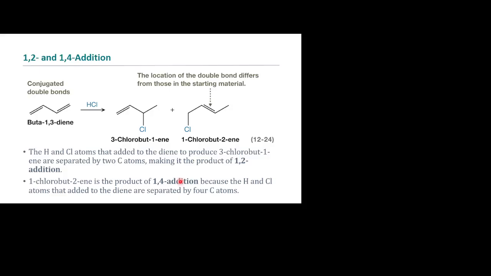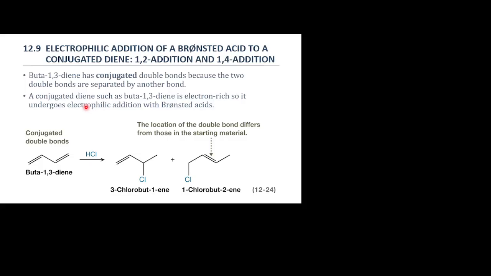Then the 1,4 addition would be the other one. 1,4 meaning that we skipped. Okay. And so we had the 1 here. We had the 1, right? Because we have the hydrogen. Okay. And then that's 2, 3.